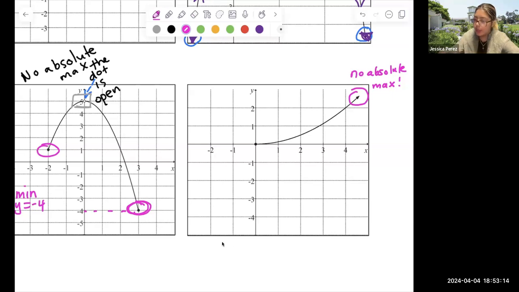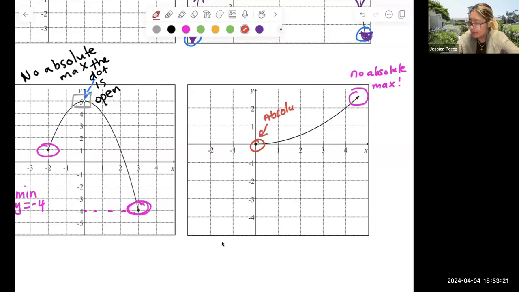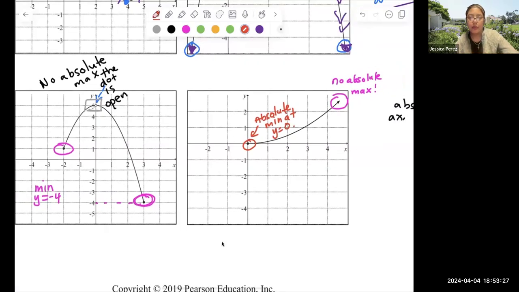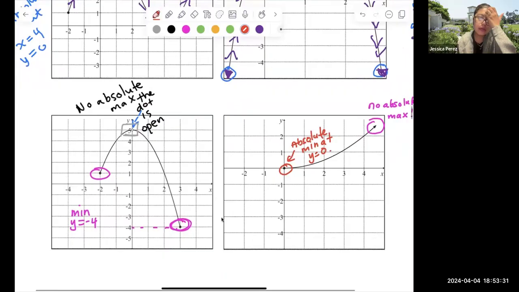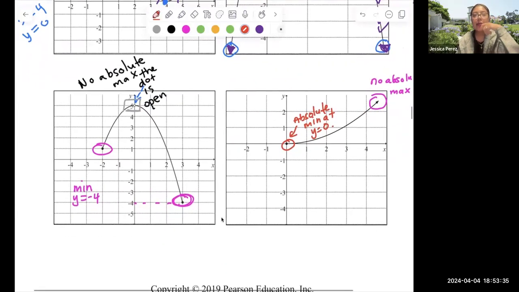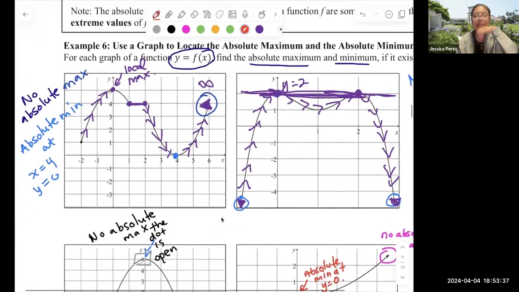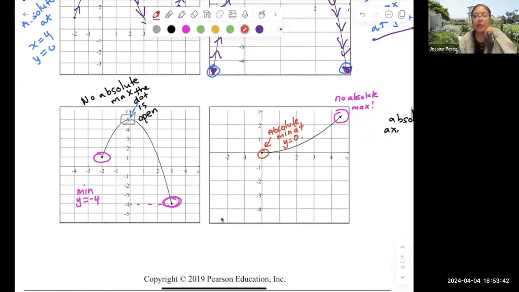What's the absolute minimum point? 0. Yep. So there's an absolute minimum at Y equals 0. Remember, it's always Y, at Y equals 0. Any questions on this graph on example number 6? Make sure that you're looking at your arrows.